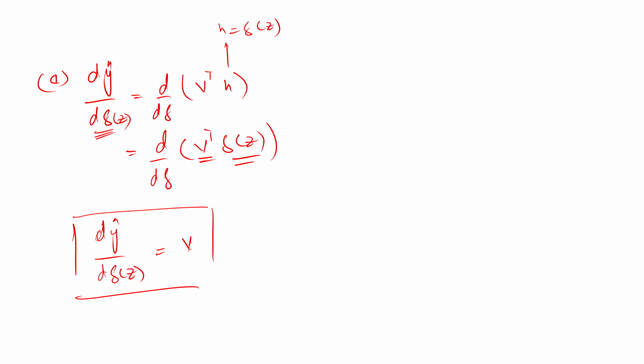Okay, really simple. Now the next one is the derivative of d sigma with respect to dz. We already calculated this derivative, and we also have one video on how to derive the derivative of the activation function. We derived sigma of z times 1 minus sigma of z. This is valid for both the scalar case as well as the vector case.